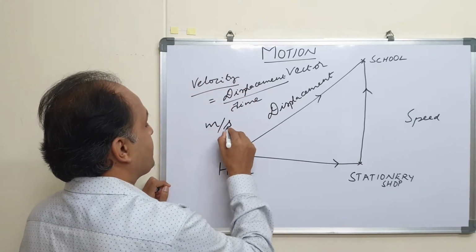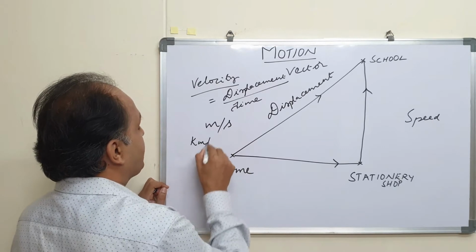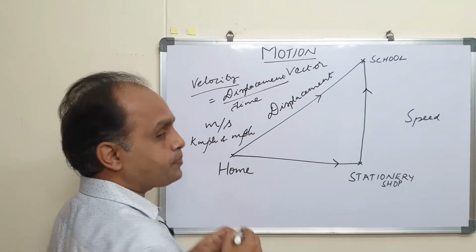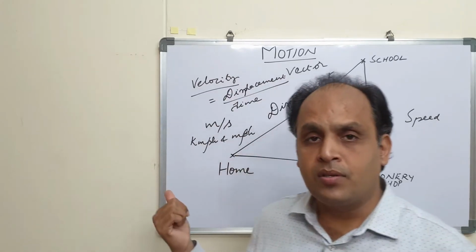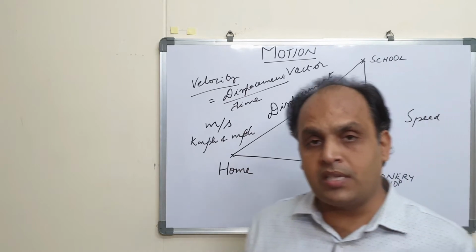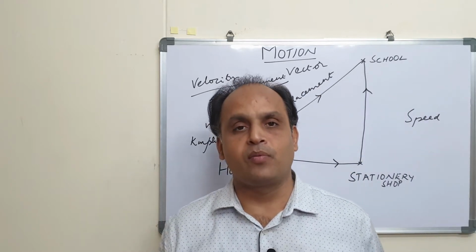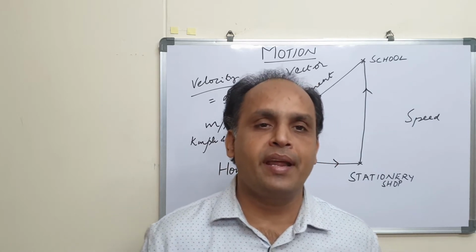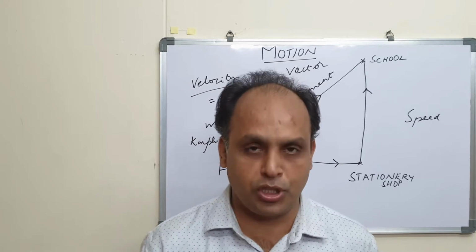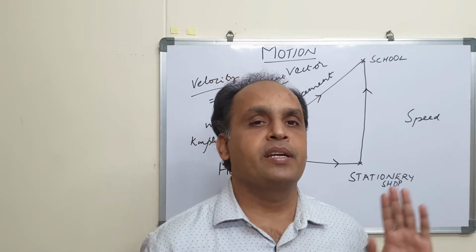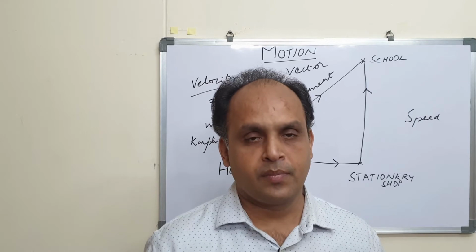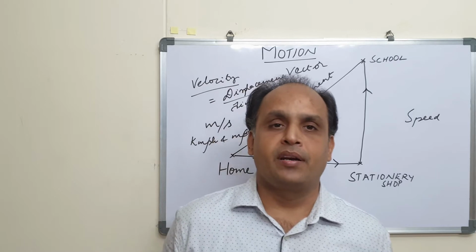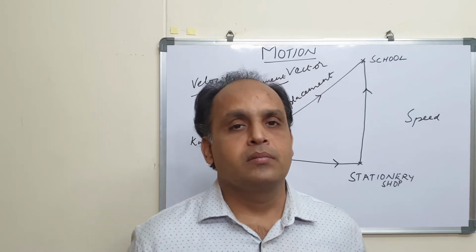The SI unit is meters per second, and the other units are kilometer per hour and miles per hour. So velocity is nothing but the displacement of a body in some time. It can also be defined as the rate of change of motion in a specific direction. Means how quickly the body covers the distance, and that too in a particular direction, is what we get from velocity.